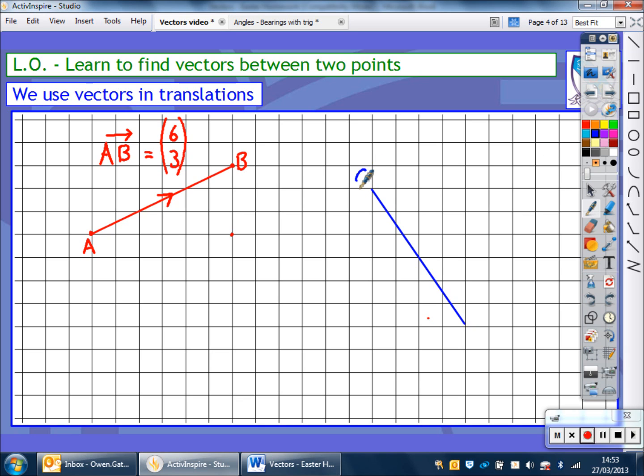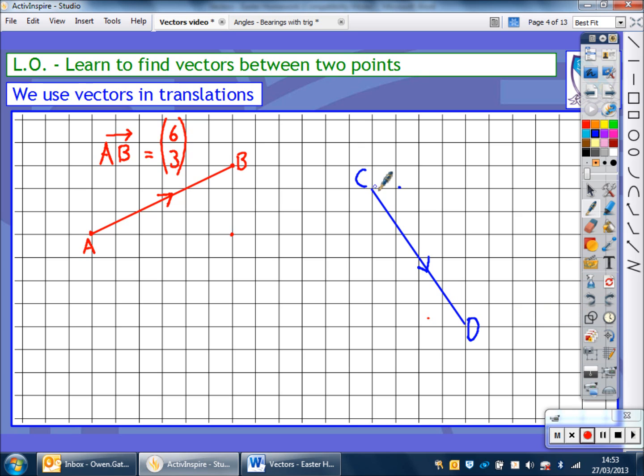And let's say that this goes in between the points C and D. Now the length of the size of this vector is 1, 2, 3, 4 in the x direction, okay? 4 in the x direction, and 1, 2, 3, 4, 5, 6 in the negative y direction.